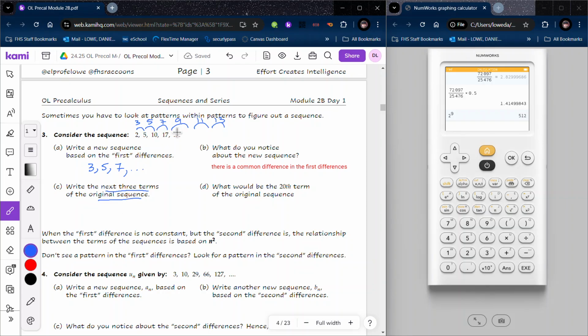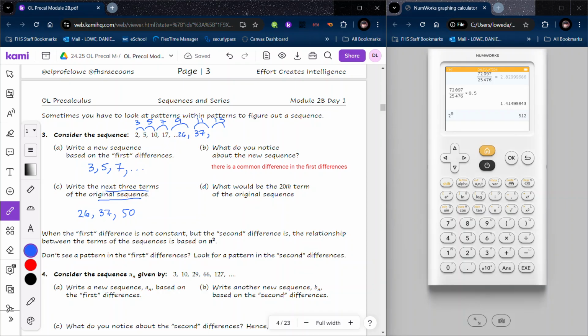Right? So 17 plus 9, that would be 26. 26 plus 11, that would be 37, right? And then 37 plus 13, that would be 50.